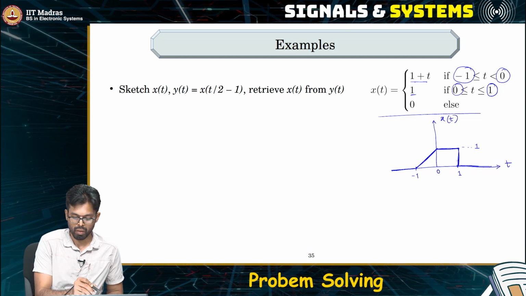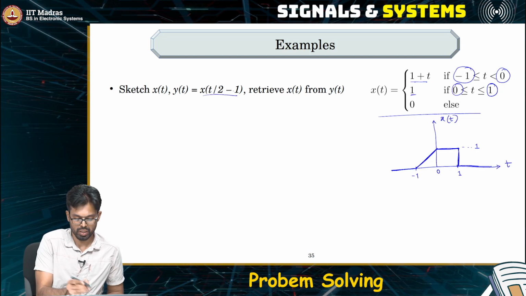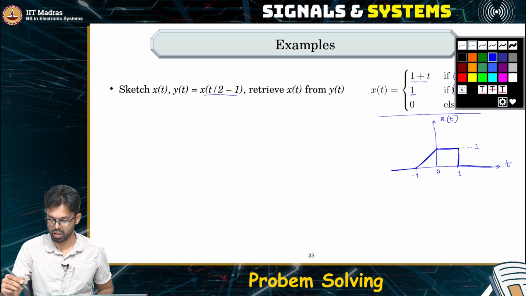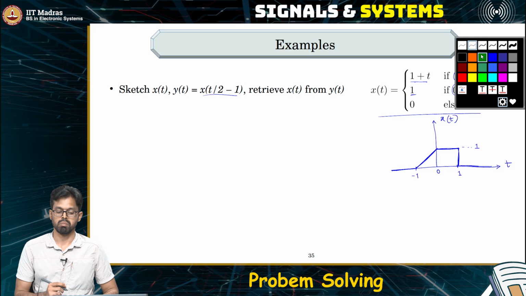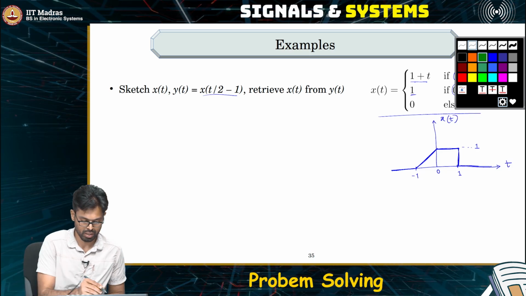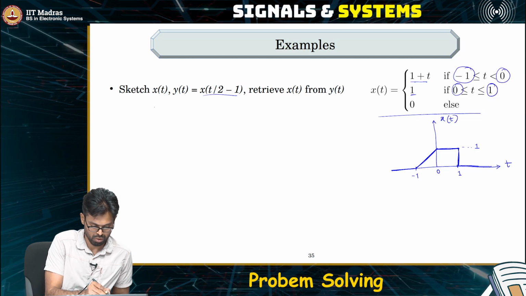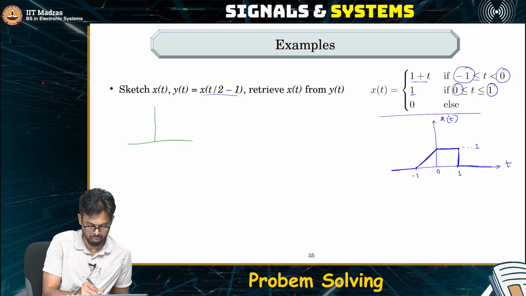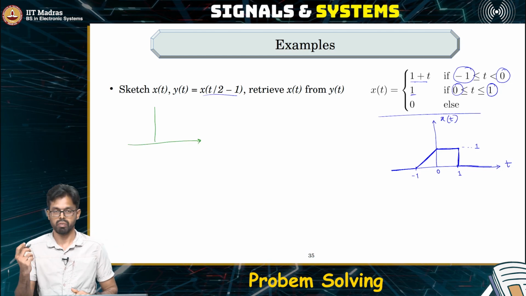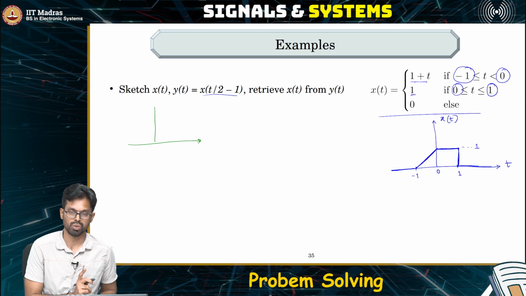Now, we are asked to find x of t by 2 minus 1. Okay. So let's do the shift first and then scale second, and let's see what happens. Remember, we had two techniques. First technique is to shift.